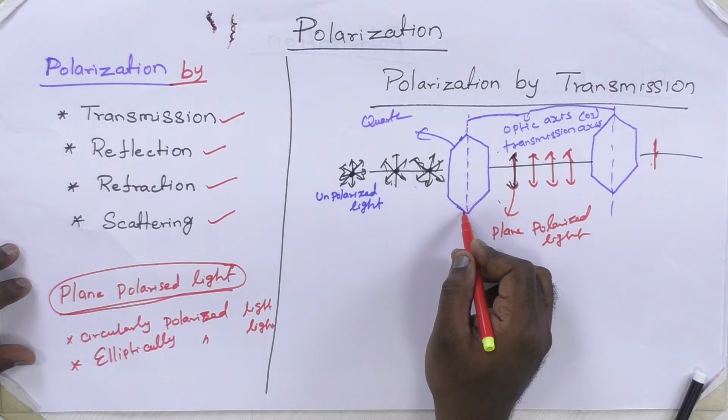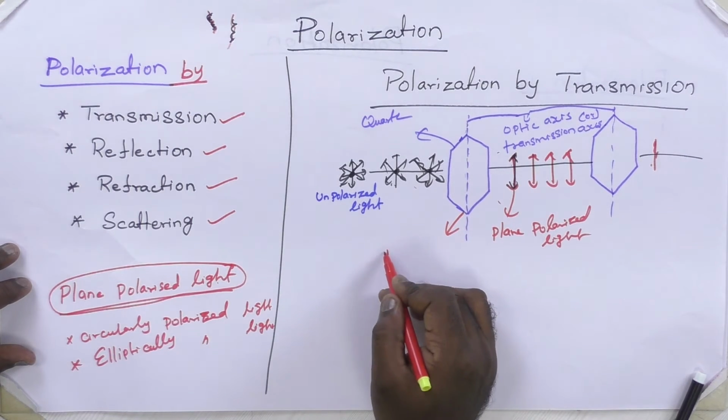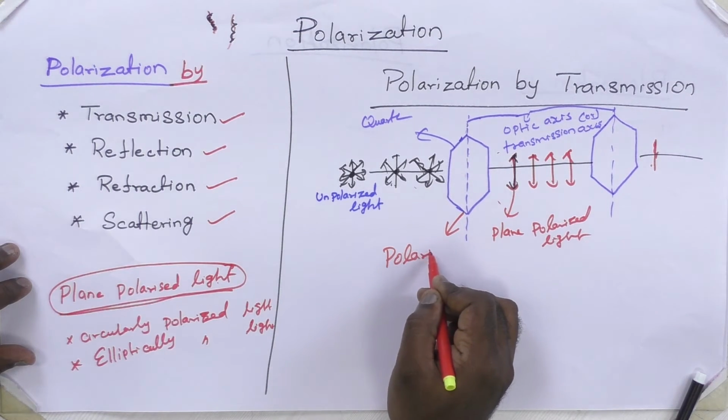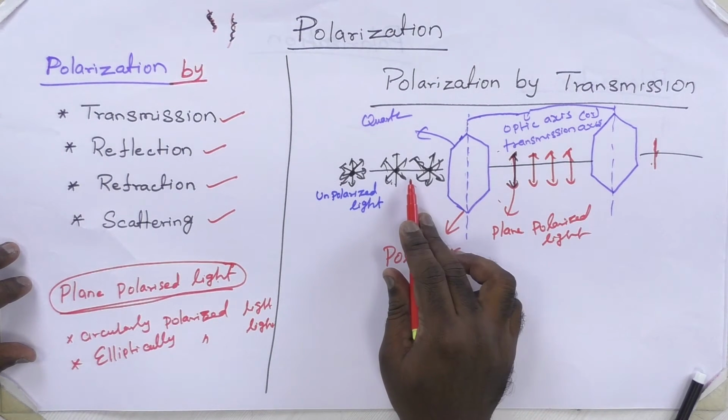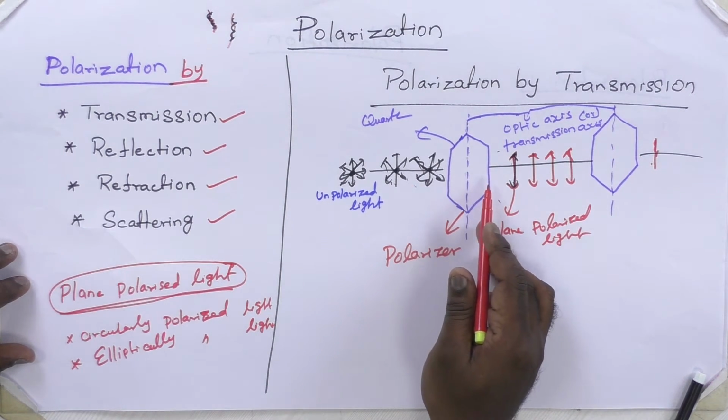These crystals are generally called a polarizer, because they convert unpolarized light into polarized light.